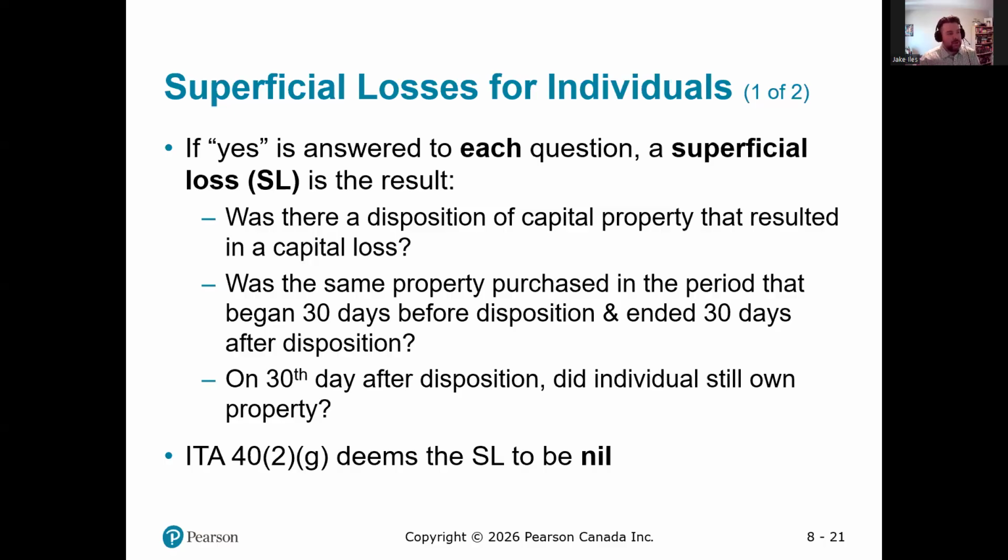Now, I might have said it quickly, but hopefully you remember I mentioned that allowable capital losses can only be applied against capital gains. So if I have taxable capital gains in a year, I can use my allowable capital losses to subtract from that income inclusion. So if I had two shares, one's doing really well and the other's falling off, but I think this company's going to make a recovery.